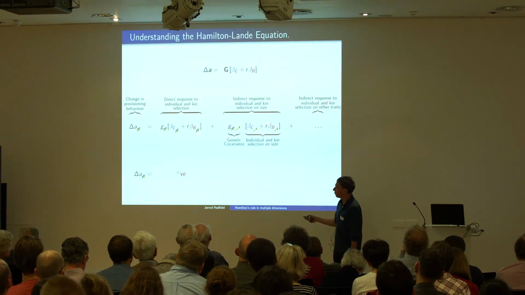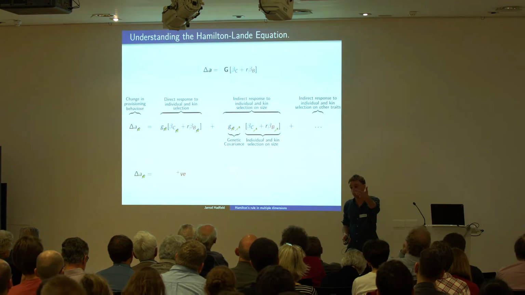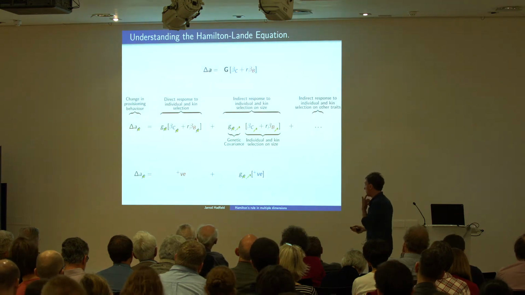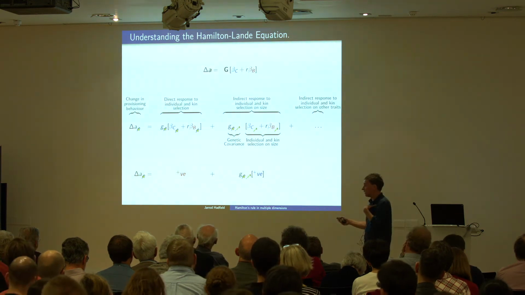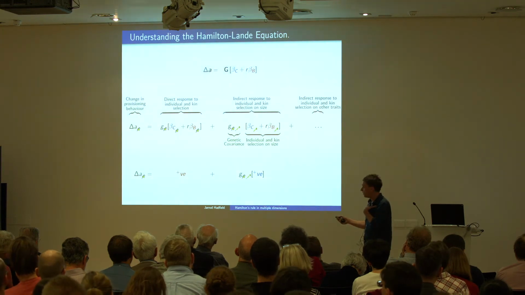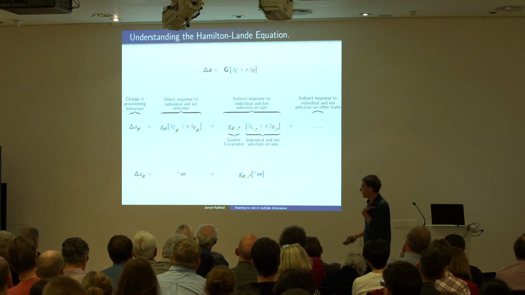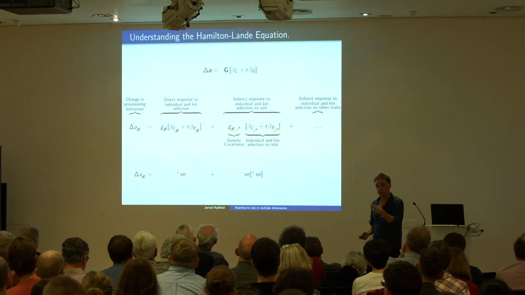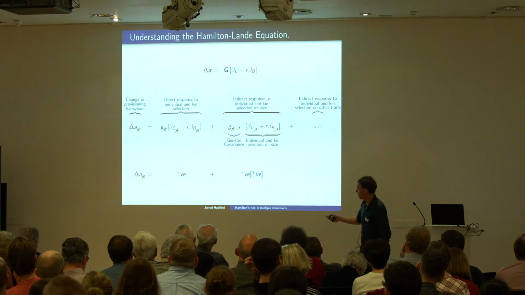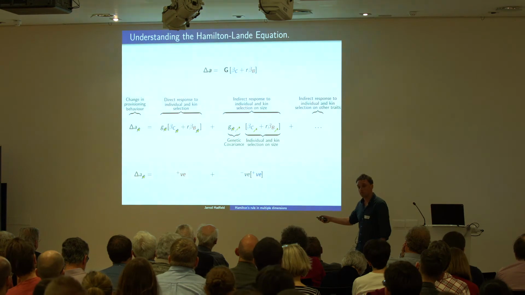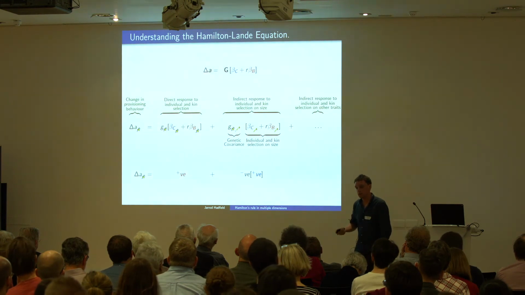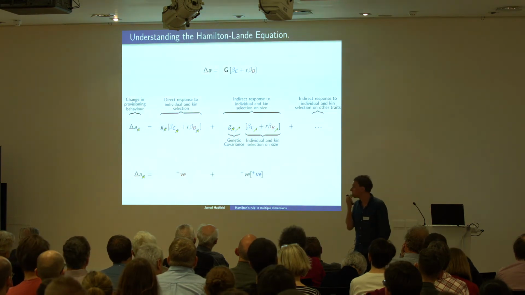Given Hamilton's rule, we expect altruism to evolve. But what we might imagine is that there's positive selection on size, being big is good, but the genetic correlation between the two traits is negative. If it's negative enough, this term can outweigh this term, and rather than getting the evolution of altruism, we get the evolution of selfishness.